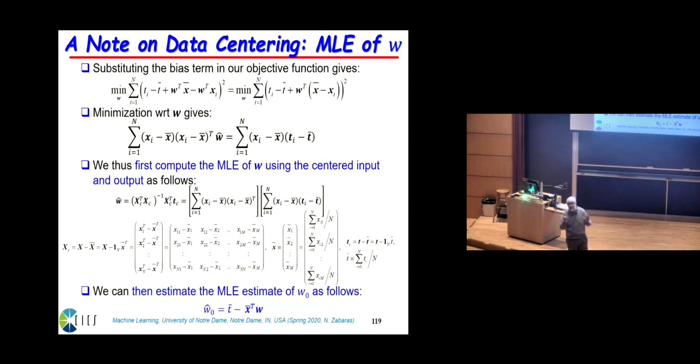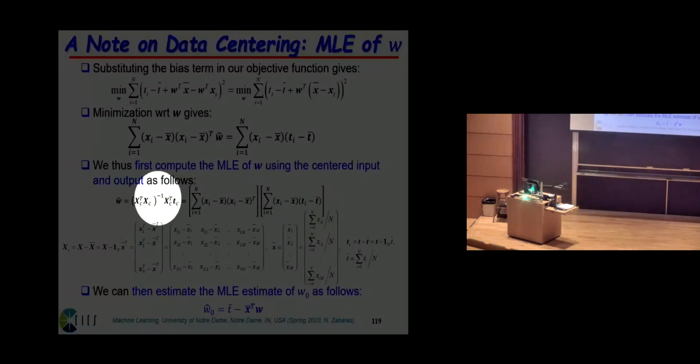The equations look identical. They are the same. The only difference is that instead of saying x, you say x minus the average of x. Instead of saying ti, you say ti minus the average of t's. And this is your standard least squares estimate.